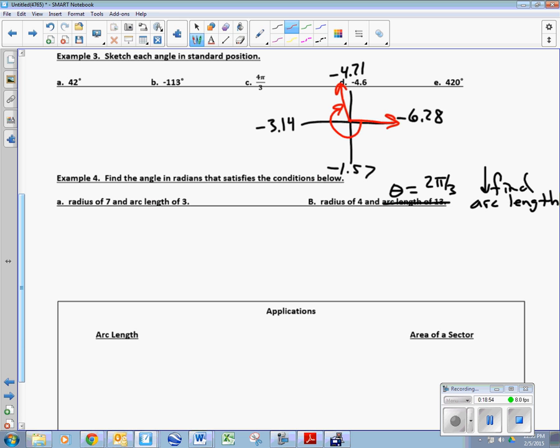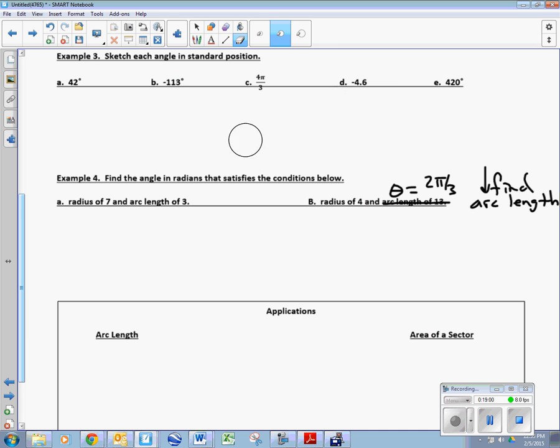And sometimes you go around more than once. 420 degrees is obviously around more than once, isn't it? So what I'm going to do is draw my initial side. And I go, how many degrees more than once do I go around? 60 more.